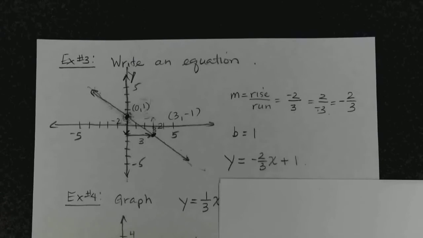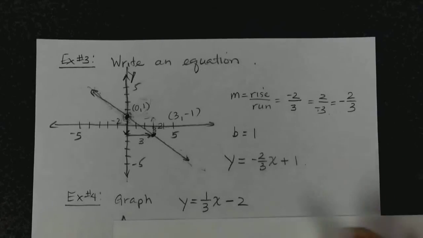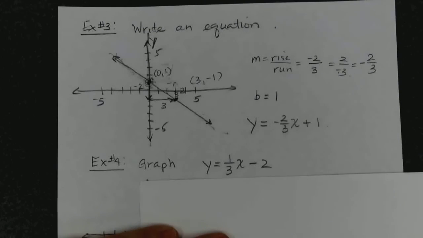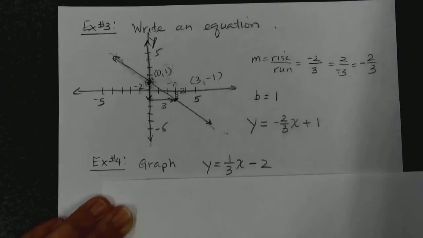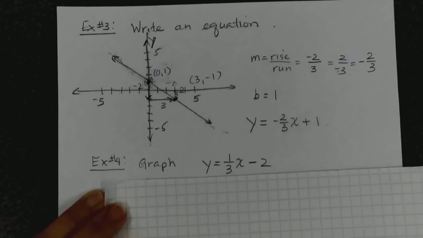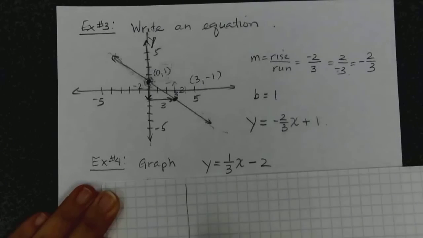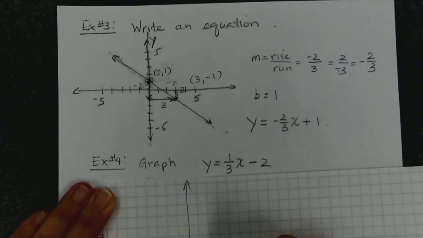Now we're going to go backwards. I'm going to give you an equation, y equals 3x minus 2, and we are going to graph this line. I'm going to take a graph paper and draw our x and y axes, marking 1, 2, 3, 4 in each direction, and negative 4.